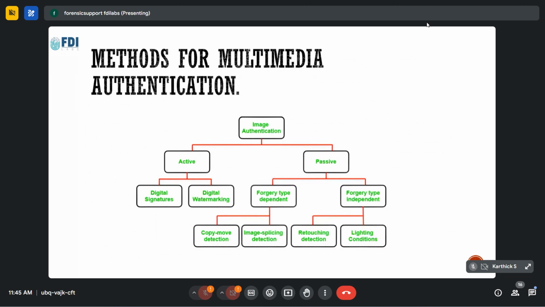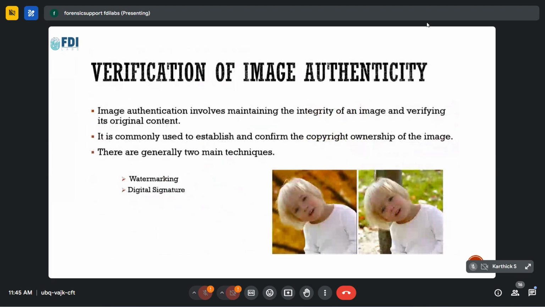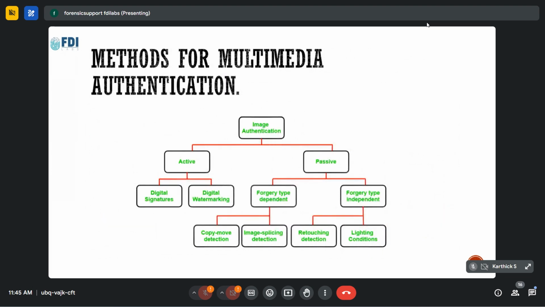So when we are going into the active method, we see that there are two types of techniques used in active methods. One is watermarking and one is digital signature.